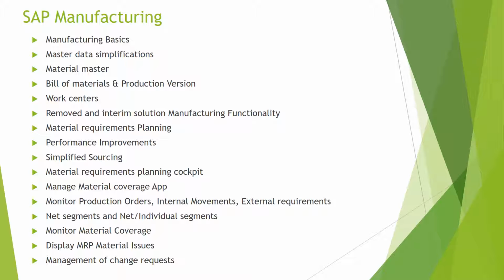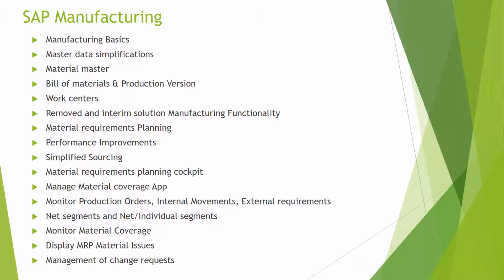In discussing manufacturing, this video highlights the business processes enabled by SAP S/4HANA manufacturing functionality. It begins with an overview of the manufacturing process and explains the important master data simplifications, the material master and bill of materials, BOM.